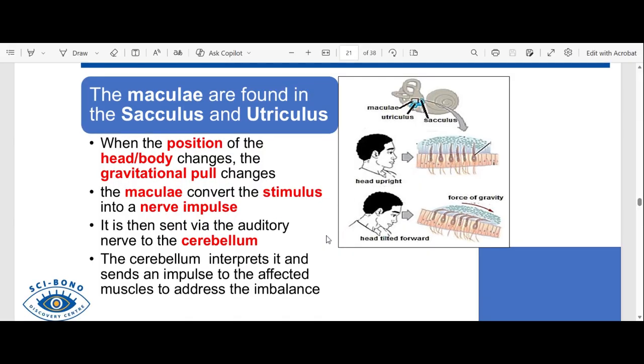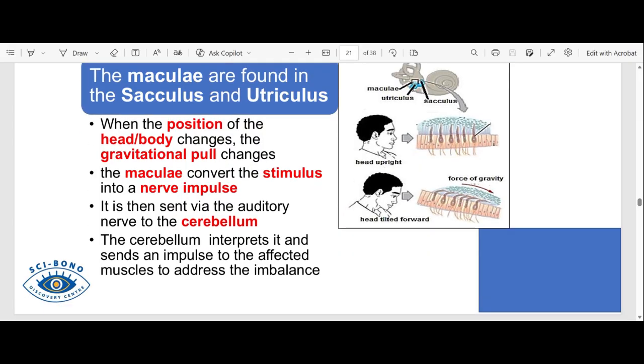And that nerve impulse will be transmitted by the auditory nerve to your cerebellum. Remember, when it comes to balance, your cerebellum is responsible, not your cerebrum. Then your cerebellum will interpret the impulse, then send impulses to the muscles. Then your muscles will be ordered to maintain balance.